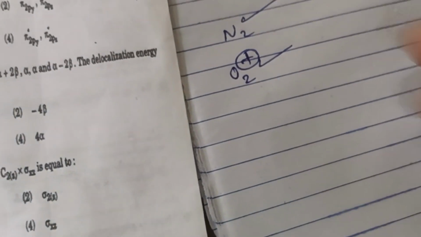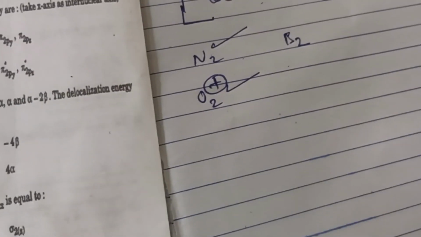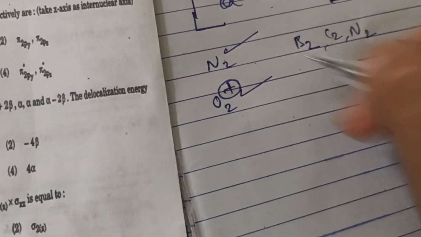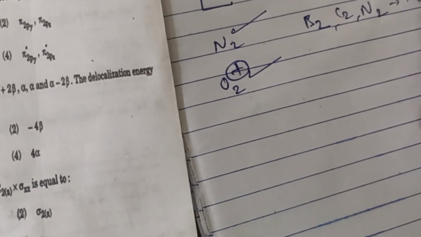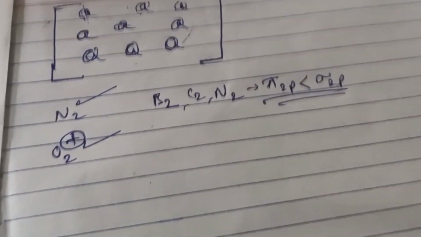There is a differentiation between lighter and heavier molecules. For B2, carbon, and nitrogen, these are called lighter molecules, and here pi 2p is lower than sigma 2p. This is the main theoretical concept.